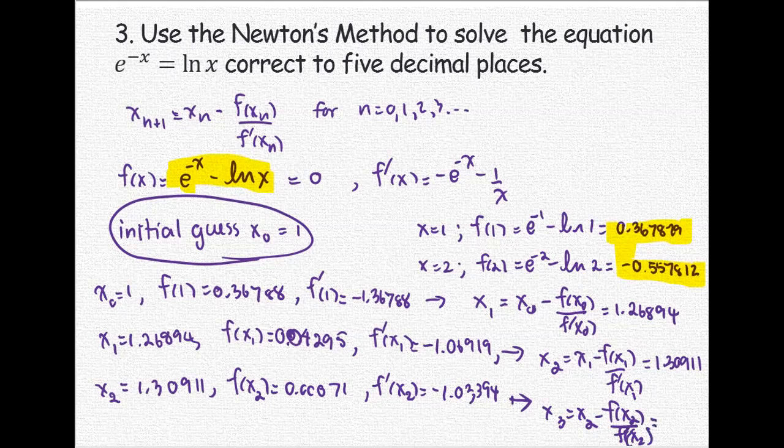We get x3 equals 1.30980. So far, we have the first 3 digits the same, and we just keep repeating the same process until we get two approximations that are the same number.